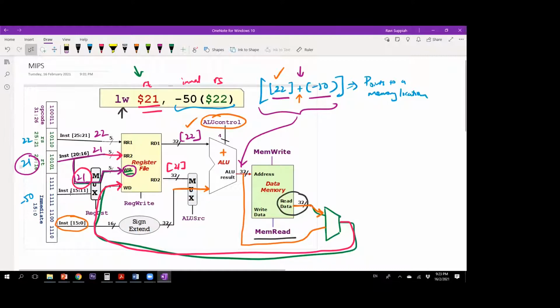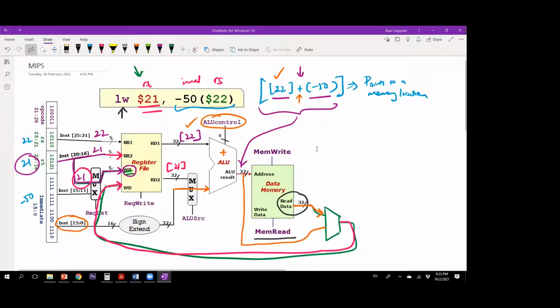Yeah, the write data in data memory writes it to the address that you specify. So your question is, the write register shares the same address with write data.